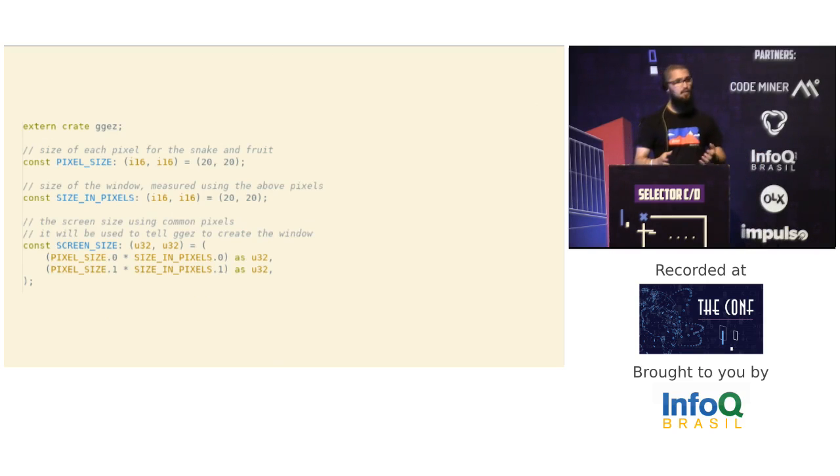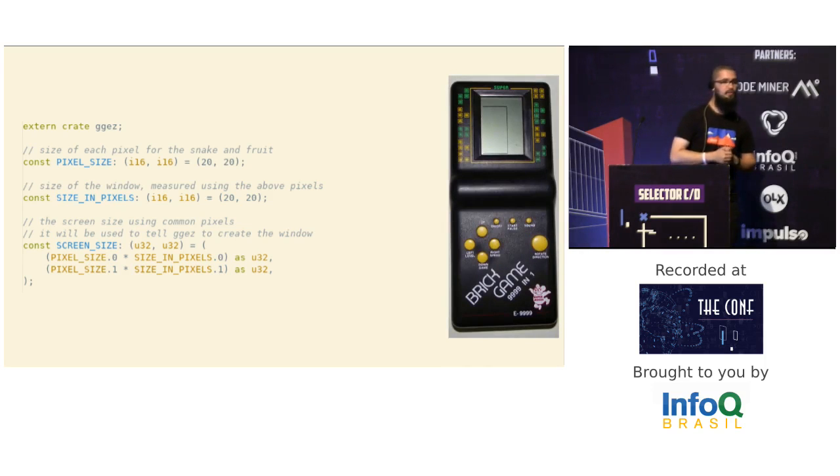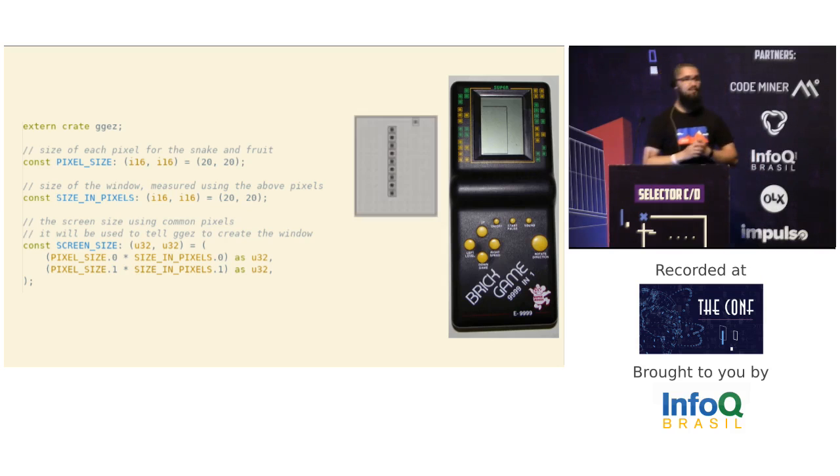Let's talk about the game. I don't know if you had one of these in the past. I had one. It's kind of weird because it says that it has 999 games in one, but it's just 20 games and they are really being repeated until 999. I played one of these in the past, and one of the games there was a snake game. So this is what we are trying to build here.